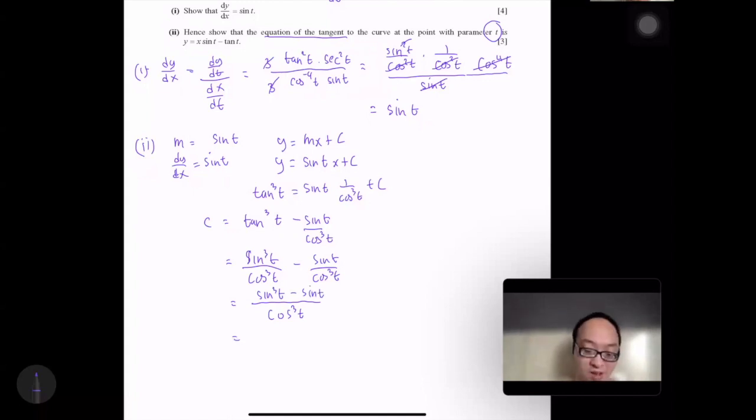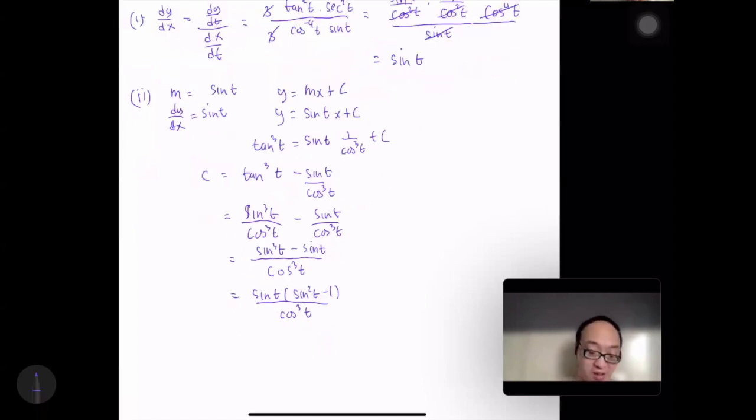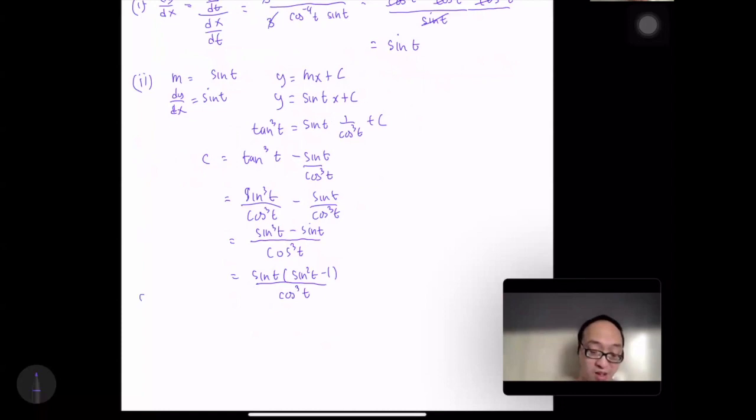Now we can factorize sine t: sine t times sine square t minus 1, over cos cube t. Now using the identity, what identity can we use? Sine square t plus cos square t equals 1.